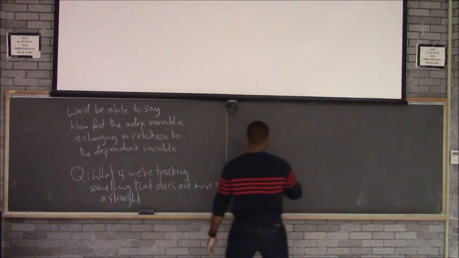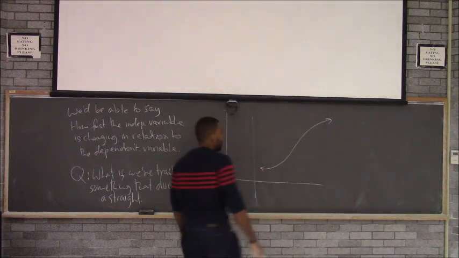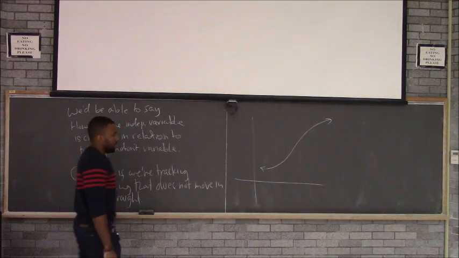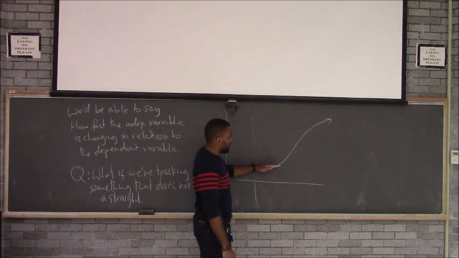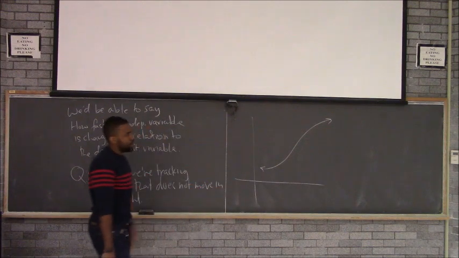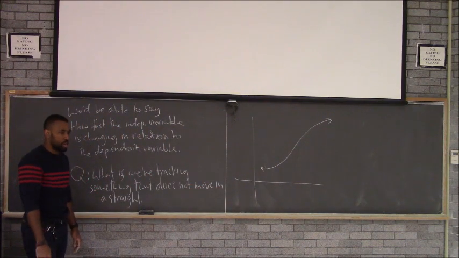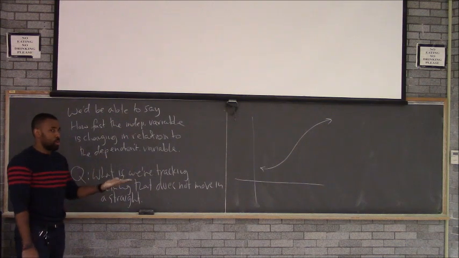What if I'm tracking something like that, right? So here you can see it's moving, but then it started speeding up, then it started slowing down. What if something like that happens? What if the change is variable itself? It's not always changing at the same rate. How do I deal with that problem?